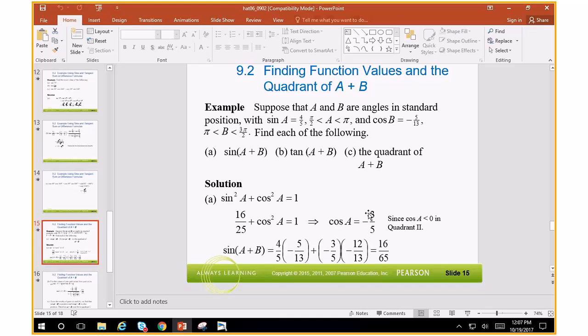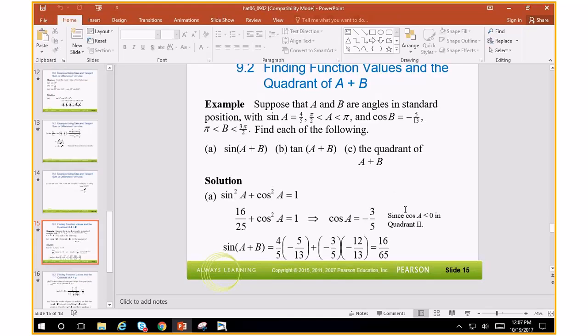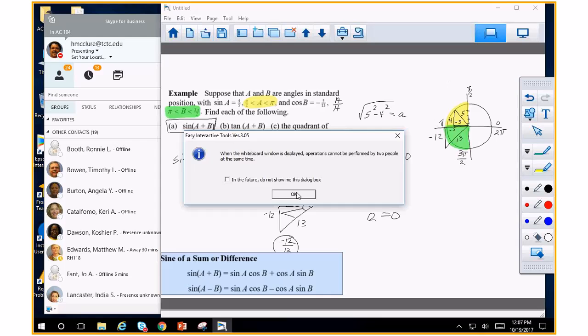They're finding out the cosine, but you could have done that easily by the 3/5. The cosine is 3/5. We could do that also. However you want to do it, it doesn't matter. Either use the Pythagorean theorem or use the Pythagorean identity, either one.